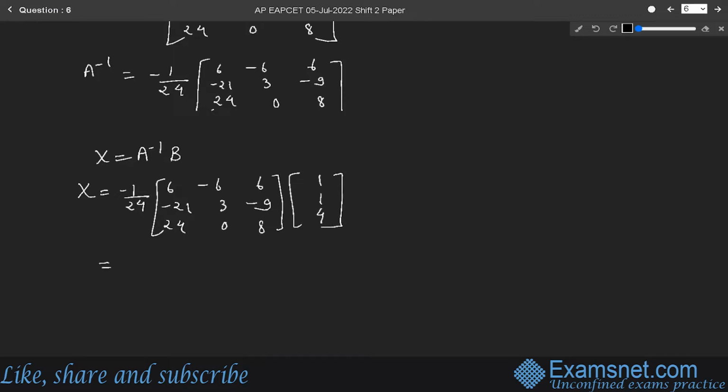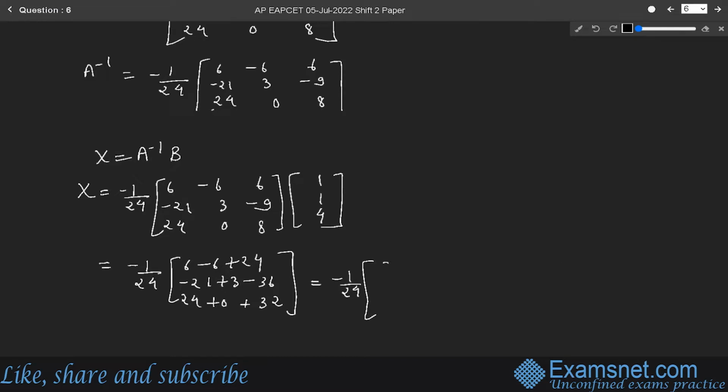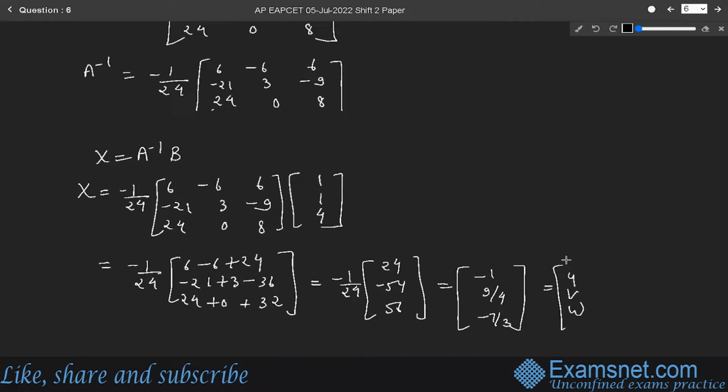So this will be equal to minus 1 by 24 into [6 minus 6 plus 24, minus 21 plus 3 minus 36, and 24 plus 0 plus 32], which is equal to minus 1 upon 24 into [24, -54, 56]. Multiplying by minus 1 by 24, it will be [-1, 9/4, -7/3]. This is the value of X, and we know that X is equal to [u, v, w].